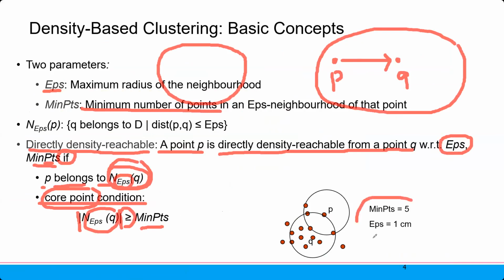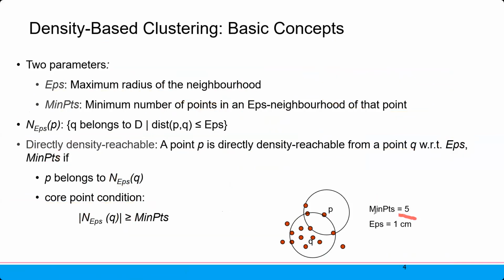For example, I have the EPS as 1 centimeter, and the minimum points inside 1 centimeter should be 5.